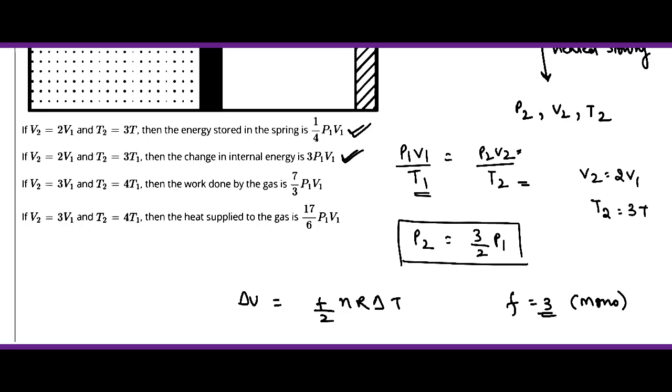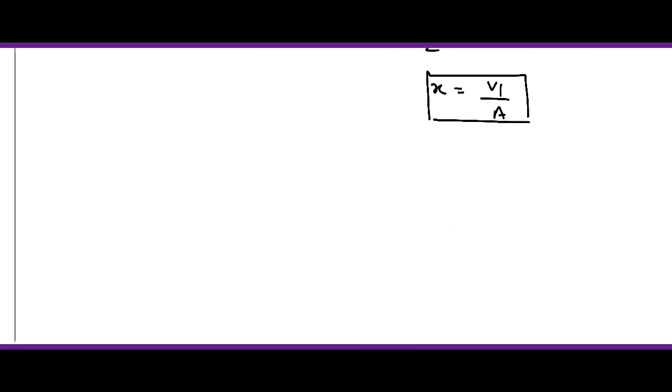Now in the last two statements they are saying my V2 is 3V1 and T2 is 4T1. Then the work done by the gas is 7 by 3 P1 and the heat supplied to the gas is 17 by 6. In the last two statements, they are changing the value of final volume and the final temperature.